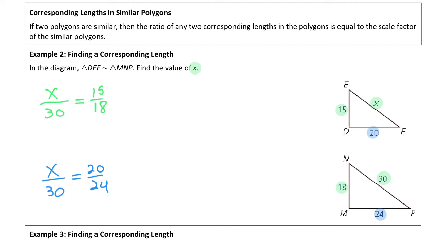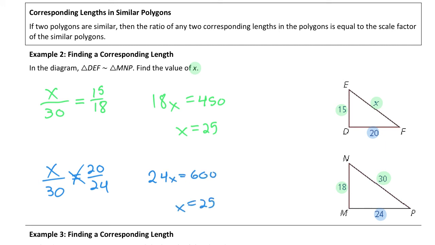So, to solve this, I multiply 18 by x and 30 by 15 and set them equal to each other. So 450 divided by 18 is just 25. And you're going to notice I get the same value for x with the other proportion. 24x equals 600, x is 25.